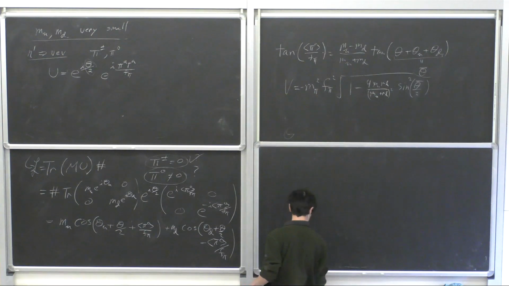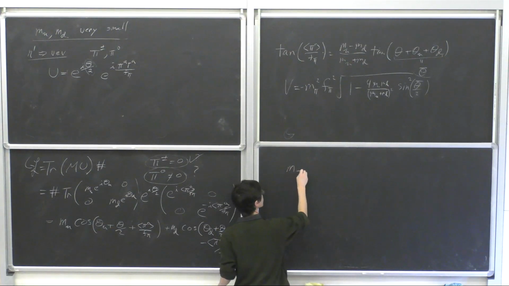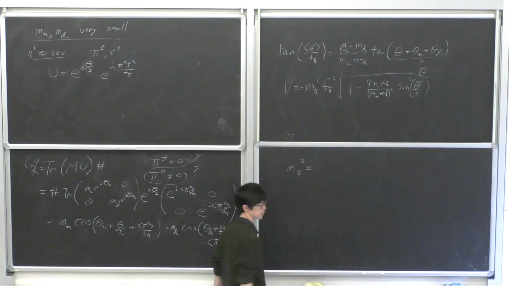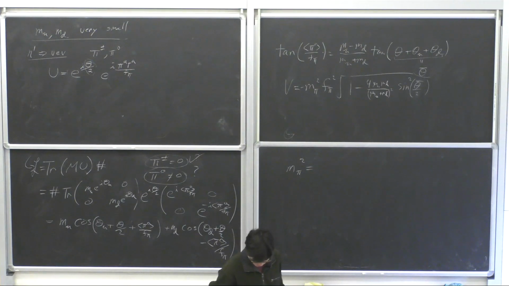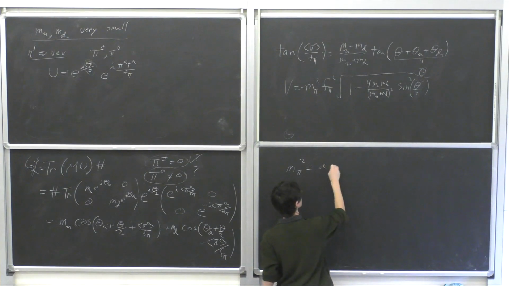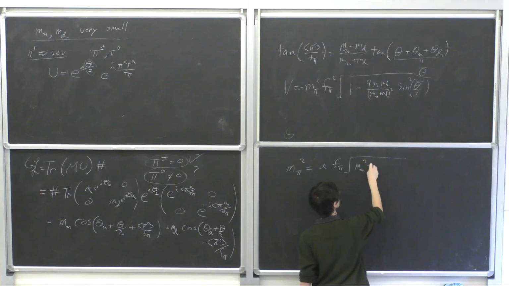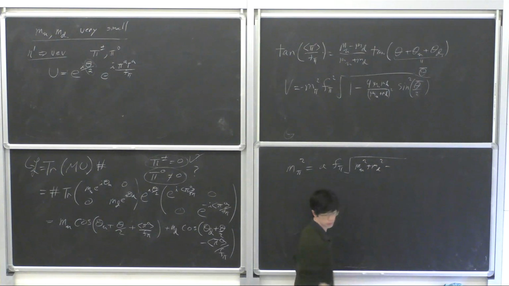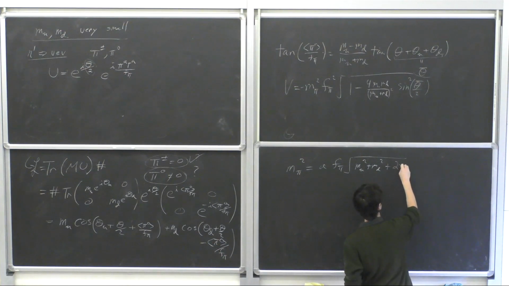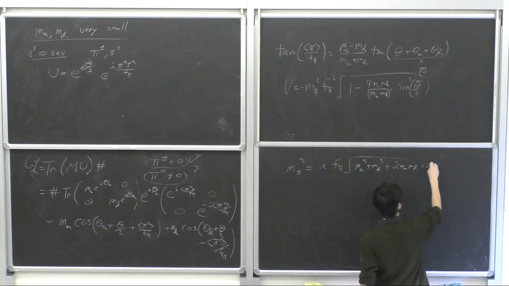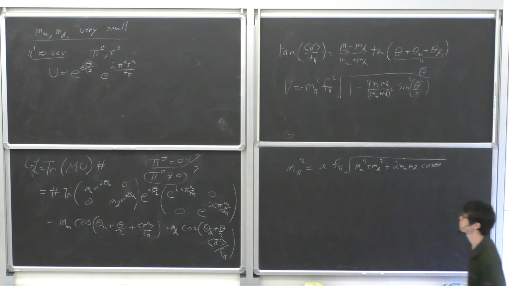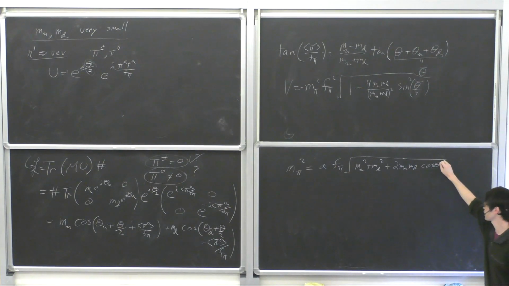So my pion masses, normally it's the normal value, but it's mu squared plus md squared, plus, oh, it's minus or plus? It's plus 2 mu md cosine theta, for example. So you discover the pion masses depend on it.